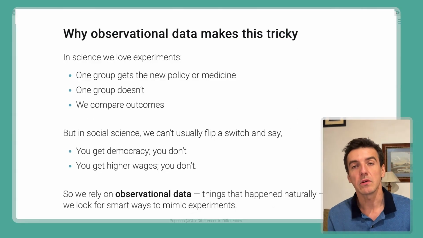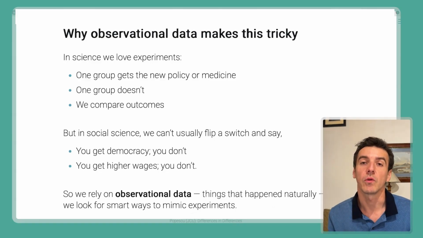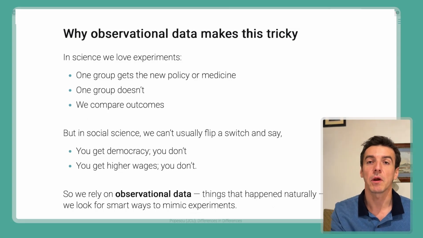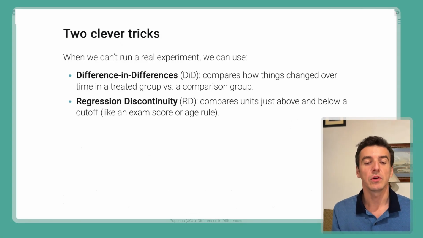So if we cannot do that, we have to rely on what is called observational data. So these are kinds of data, so things that happen naturally, and we have to look for smart ways in order to mimic experiments. So the typical methods for natural experiments are differences in differences and regression discontinuity design.